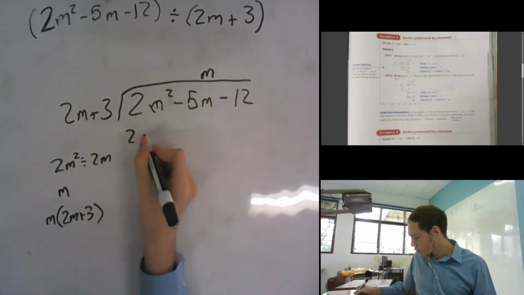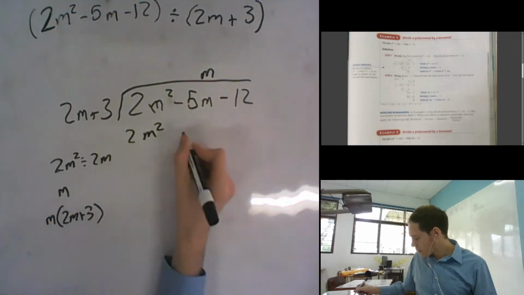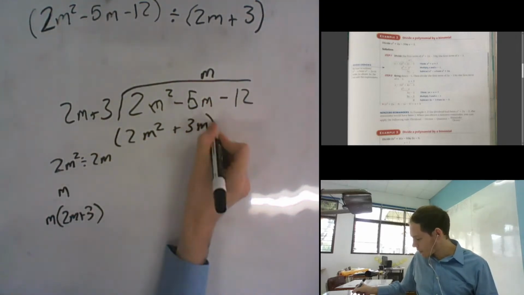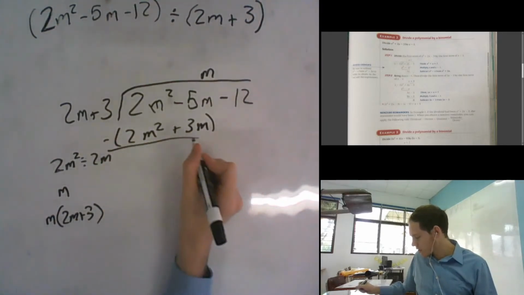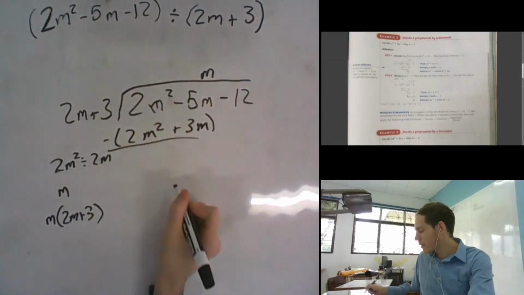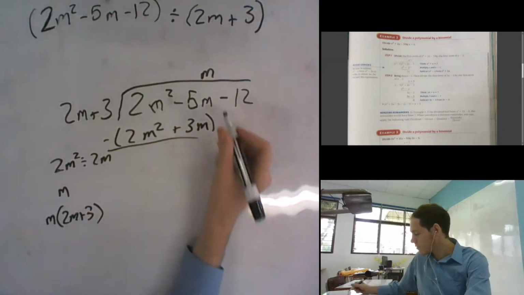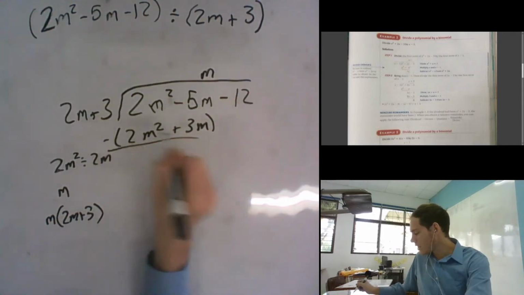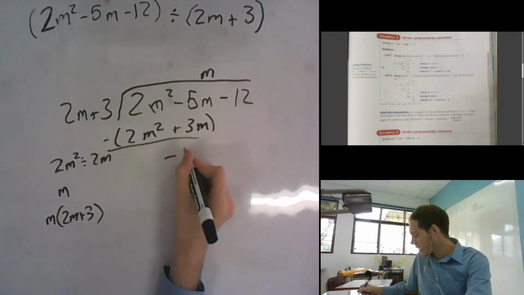We get 2m squared plus 3m. Next step, step 3, subtract. Subtract 2m squared minus 2m. You get nothing. Negative 5m minus 3m is negative 8m.